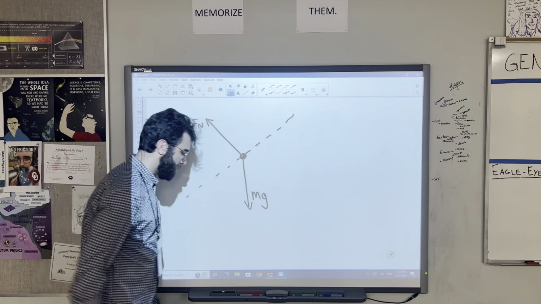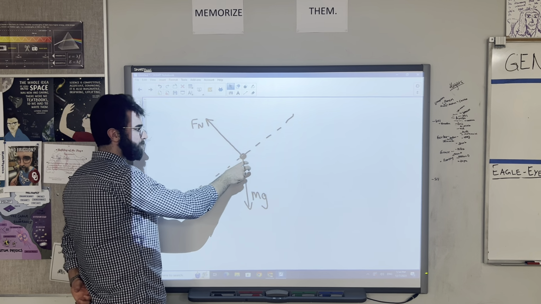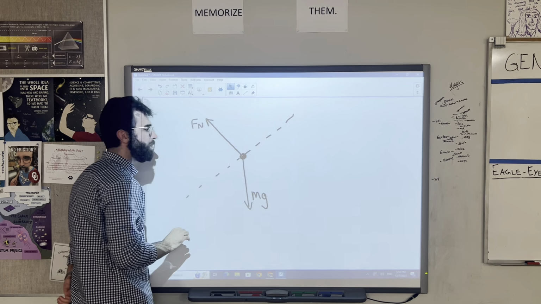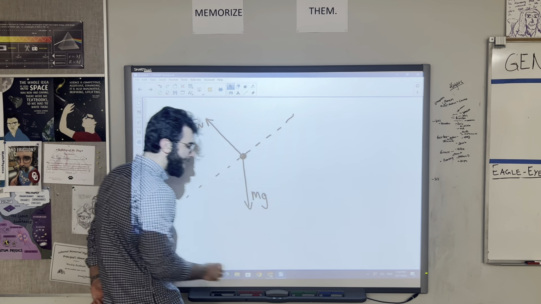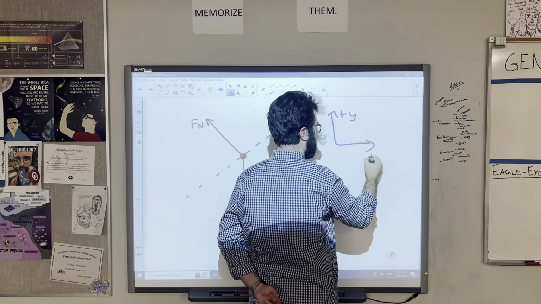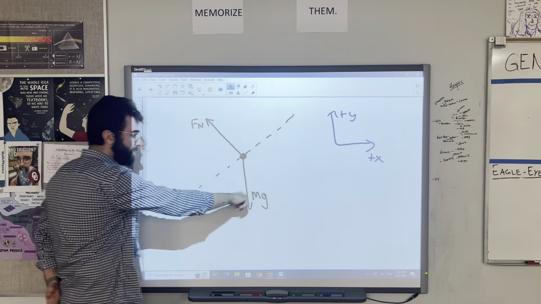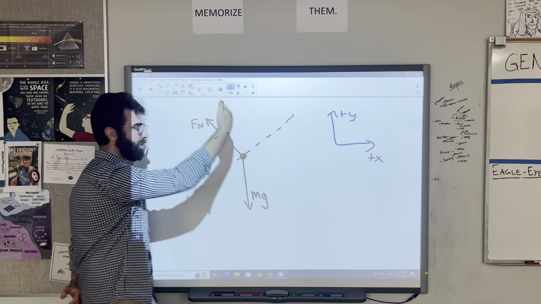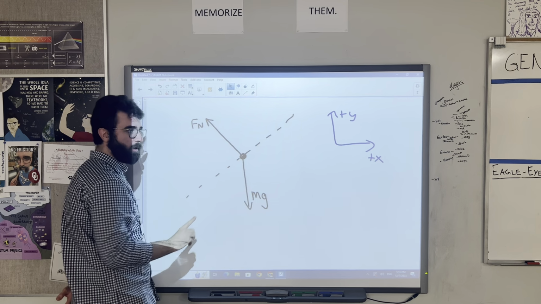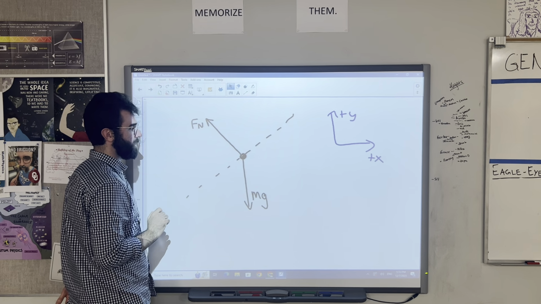Now, what we had to do back in inclined planes, because of our weird tilted coordinate system, was split our force of gravity into two components. But now, remember, we're sticking with our normal coordinate system like this. So now gravity actually isn't going to have any components. It's just in the negative y direction. What is going to have components now, however, is our normal force here.